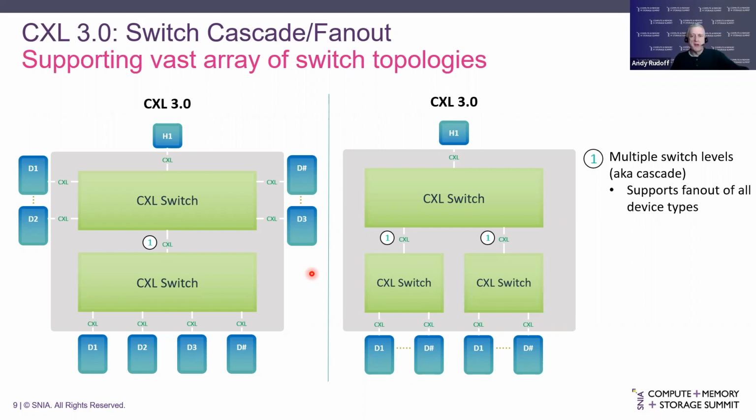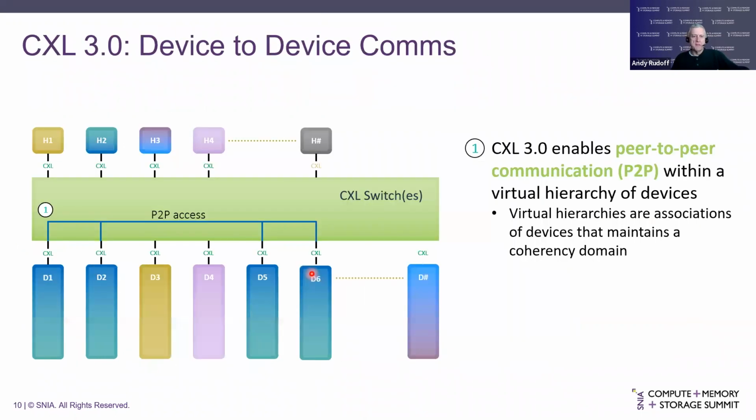Now, when you start having all these levels of switches, it becomes desirable to have these devices able to talk to each other when they're connected to the same switch, rather than having that communication go all the way up through the switch hierarchy to the host that they have in common. An example of this might be, say that this device on the right is a network interface, and it wants to receive a packet into the memory of this device on the left, and it wants to be able to transfer that directly without having to go through a much longer path.